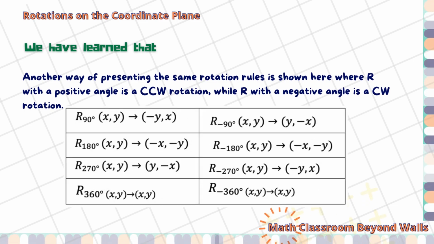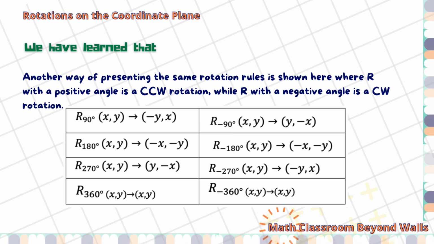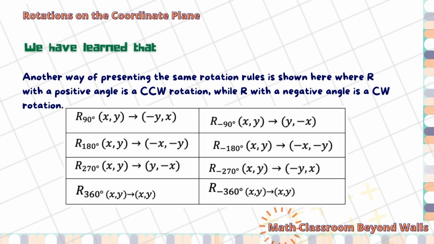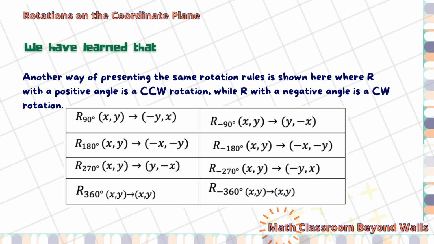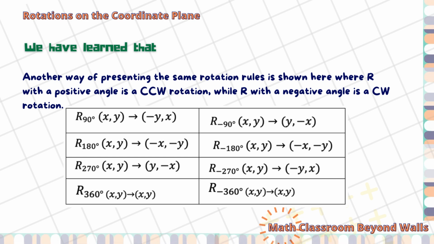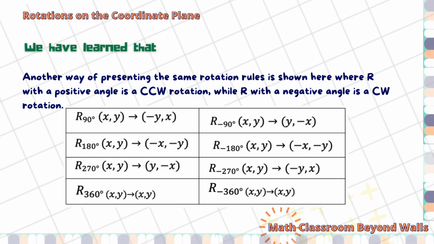Another way of presenting the same rotation rules is shown here, where R with a positive angle is a counterclockwise rotation, while R with a negative angle is a clockwise rotation.